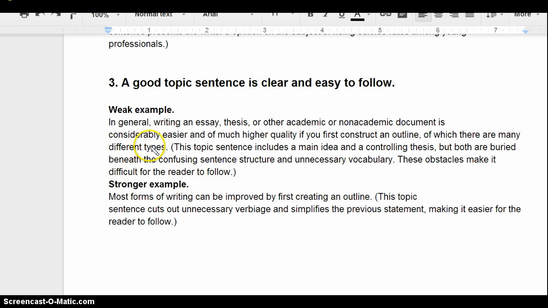So in the beginning part of this sentence, we have essays, thesis, academic, non-academic. It's getting a little crazy here. It's talking about different types, quality, outlines, easier. This is not clear and easy to follow. Not at all. It's way too chopped up.